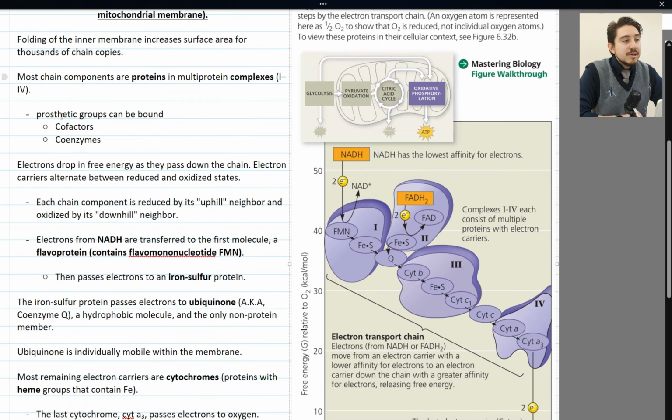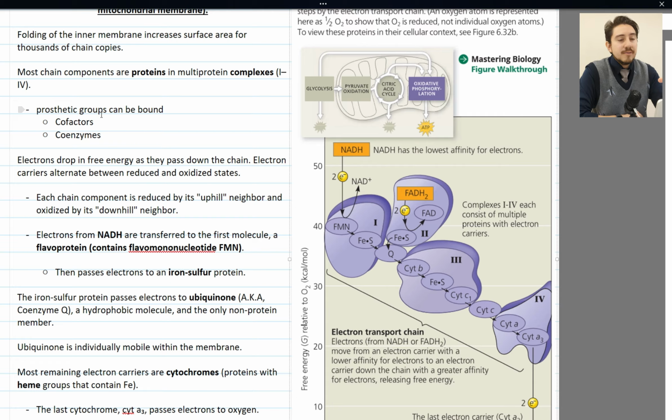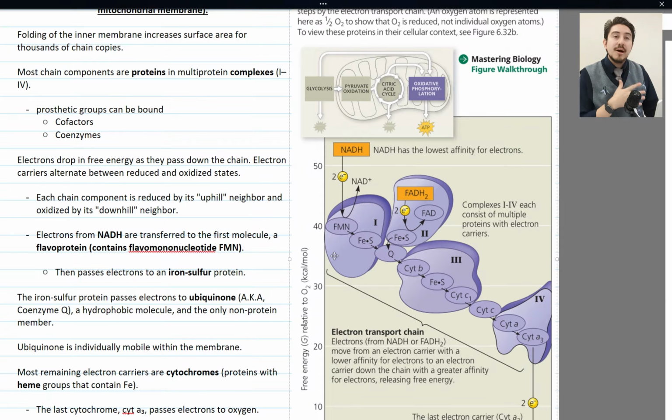All right. So this ETC is composed of proteins, or the majority of it is proteins that are in complex with other proteins, and you have this whole system, as you can see here in the figure. These proteins are aggregated together to create complexes, and there's 4 major complexes.